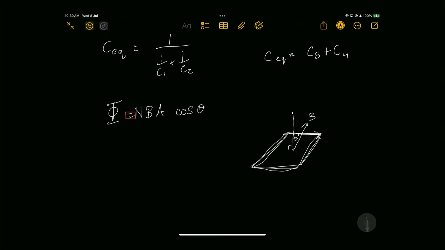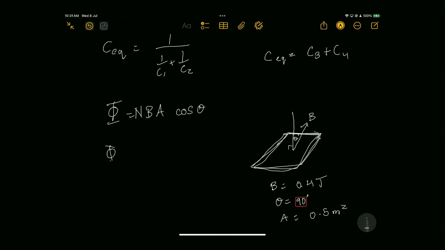So let's do a simple question on that. If, let's say for example, B is equal to 0.4 Tesla, theta is equal to 90 degrees, and the surface area is equal to 0.5 meters squared.